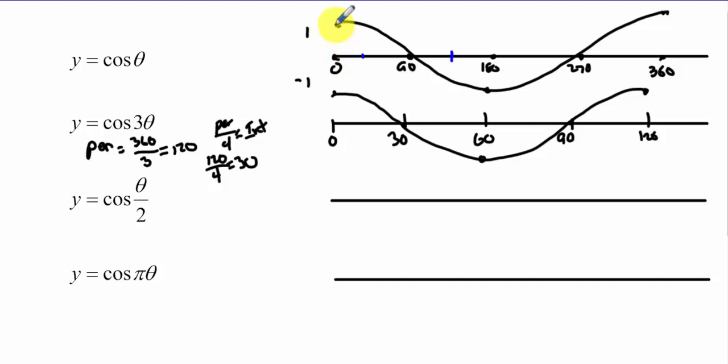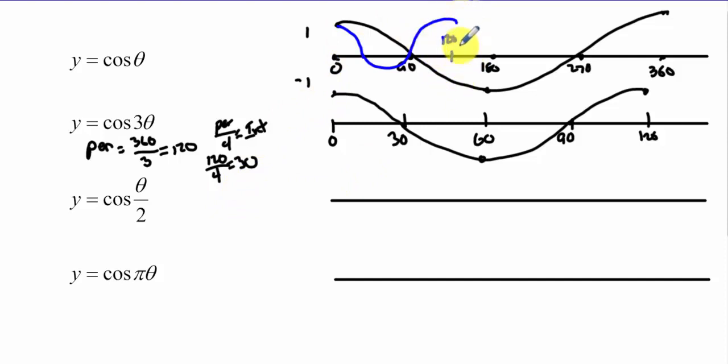So this will go something of this effect. Something like this, like so. In other words, 3 of these will now happen in 360 degrees because at 120 degrees, that's where one period ends.